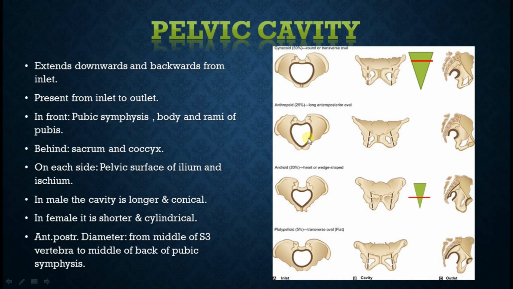And the diagonal conjugate is measured from the middle of the lower part of the sacroiliac joint to the obturator membrane.